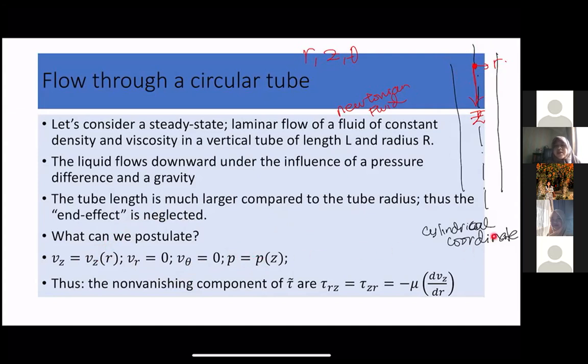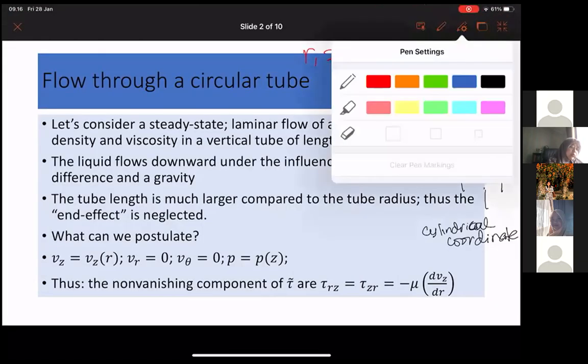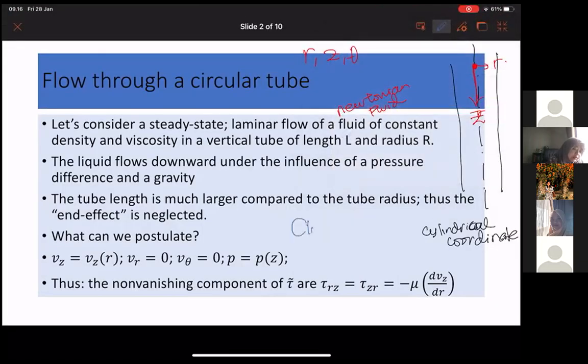And then the pressure. Okay, so this pipe is quite a long pipe, and it is a closed system. You should know that for a closed system we do have a pressure difference with z.